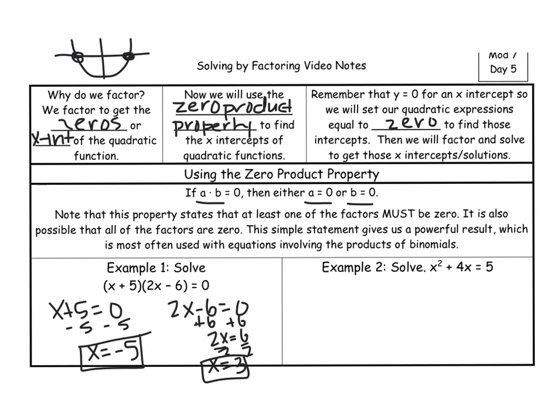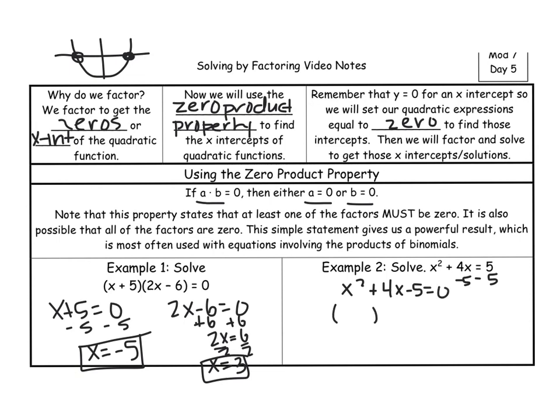For example 2, we first have to factor, and we'll set it equal to 0. So we're looking for the factors of, actually, before we factor, we're going to want to move that 5 over to the other side so that it's set equal to 0. So that would give us x squared plus 4x minus 5 equals 0.